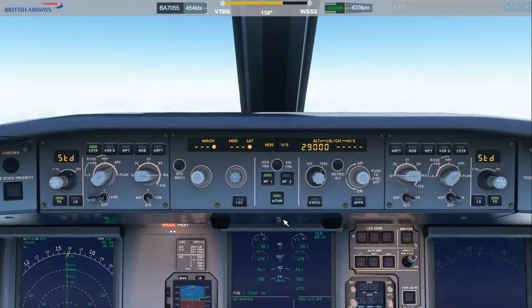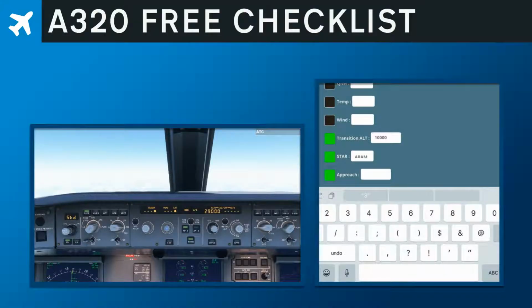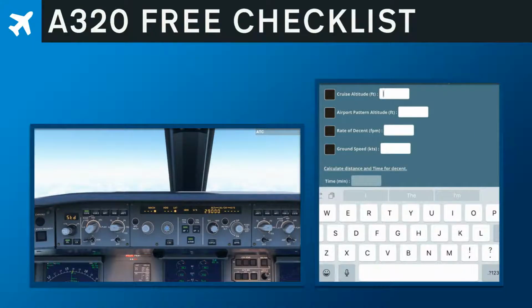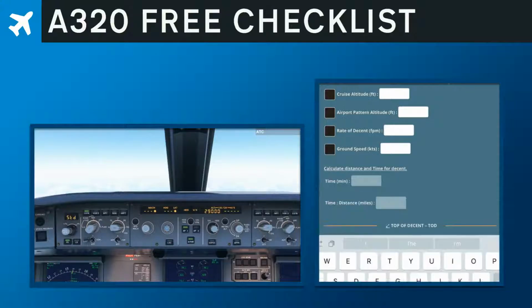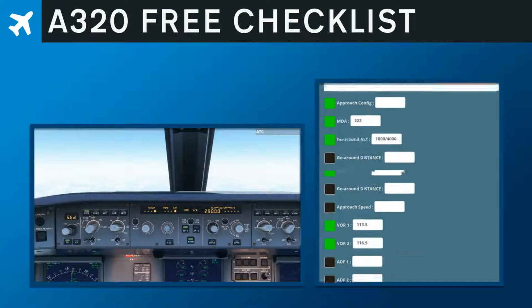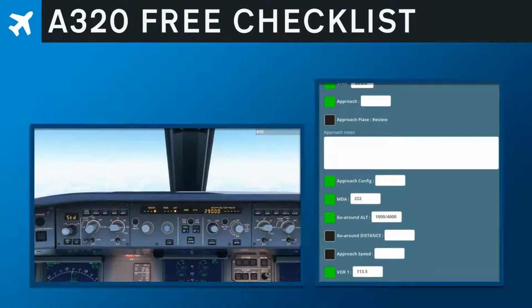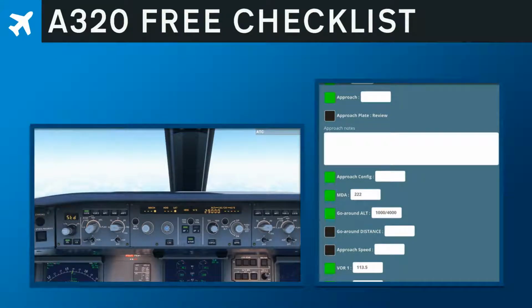Okay, so we need to start planning for the arrival now. So let's go back to our checklist view, and so I've done some of the bits and pieces, programming it in, but not all of it.